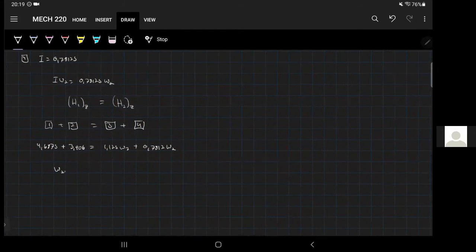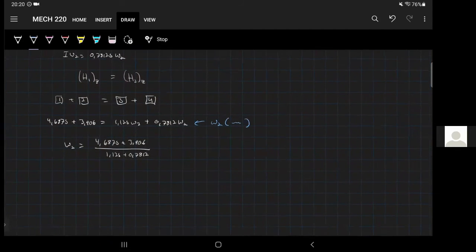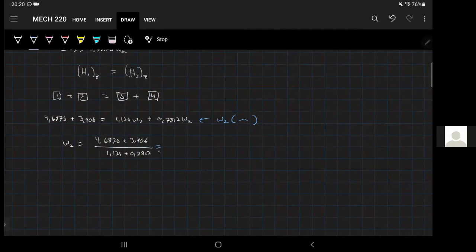Then we isolate omega 2 on one side, so it's 4.6875 plus 3.906. I'm factorizing the omega 2 out. And this gives as a final answer a value of 4.51 radian per second.